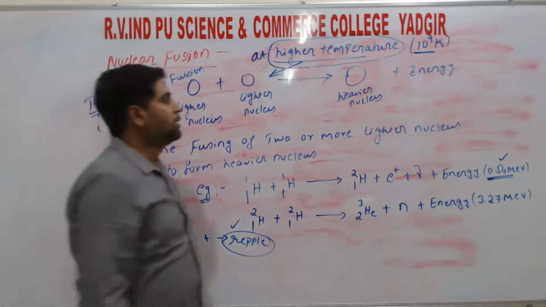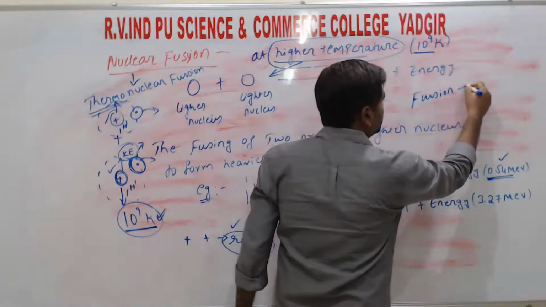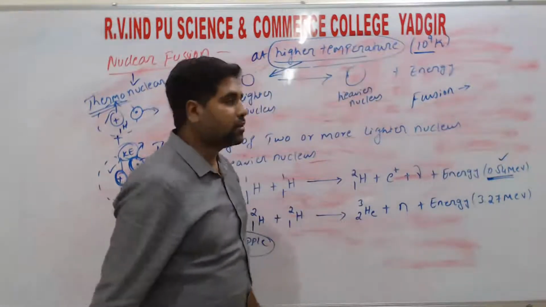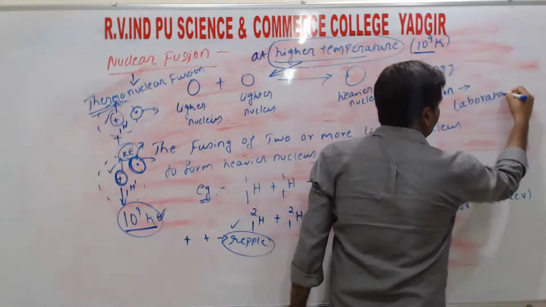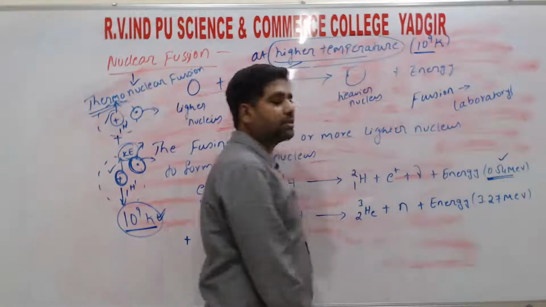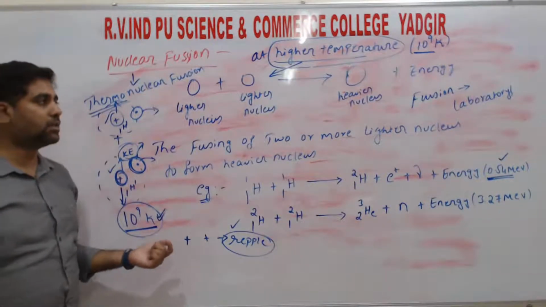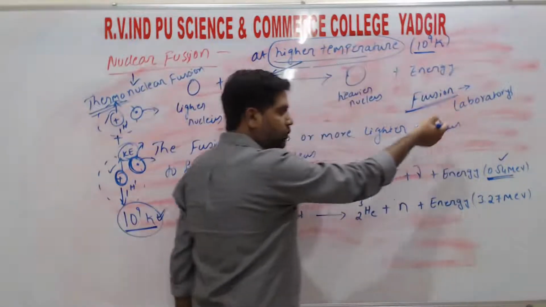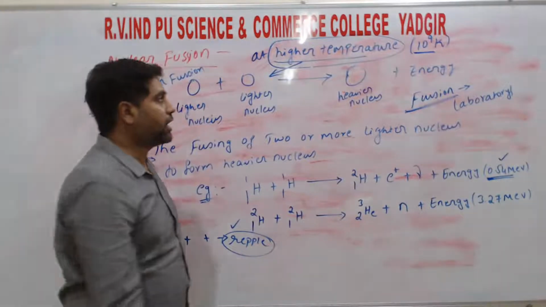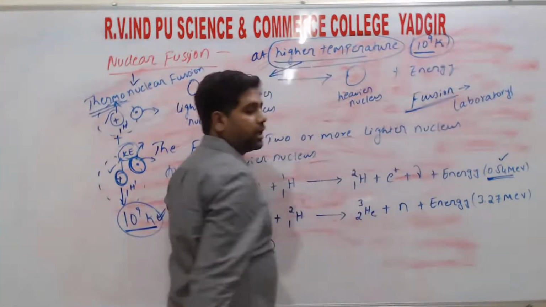This fusion does not take place in the laboratories, right? The fission process we conduct in the nuclear reactors, but this fusion process will not take place in the laboratories because we cannot provide this much temperature in the laboratories.